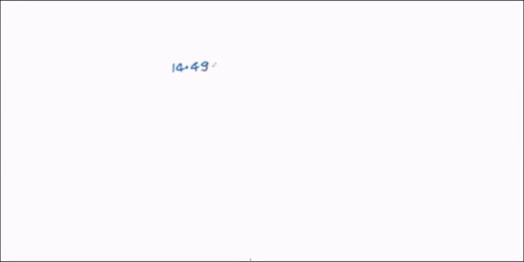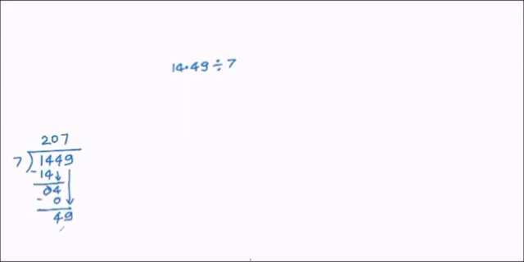14.49 divided by 7. Now when we do a division of a decimal by a whole number, what we do is we divide the number ignoring the decimal point. So the answer is 207.